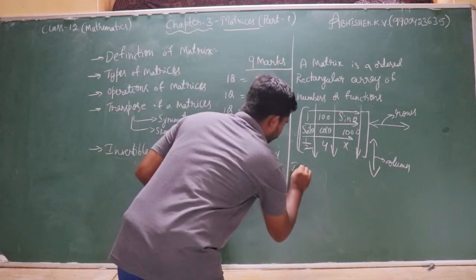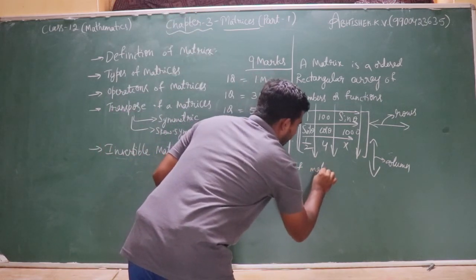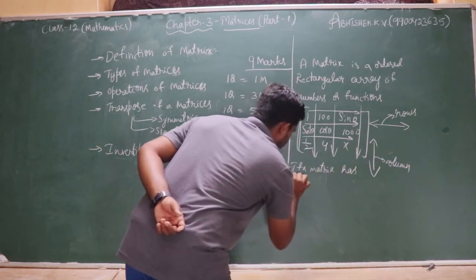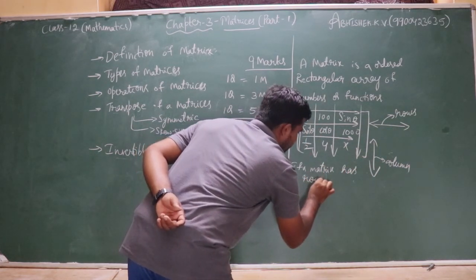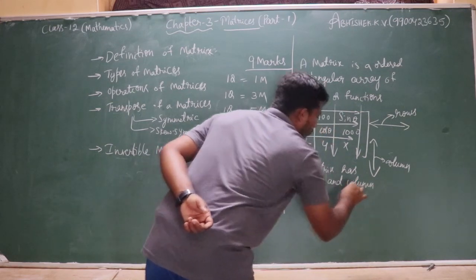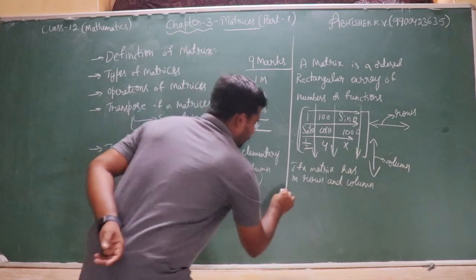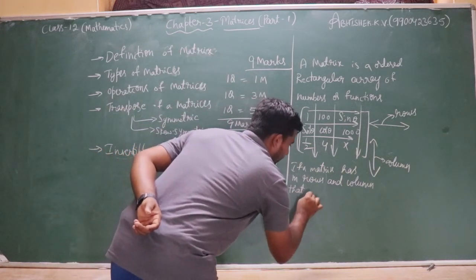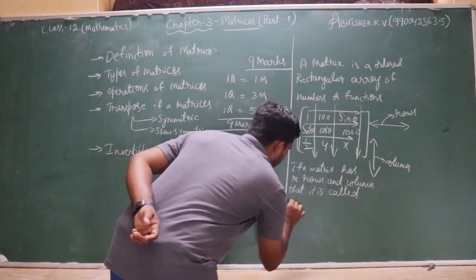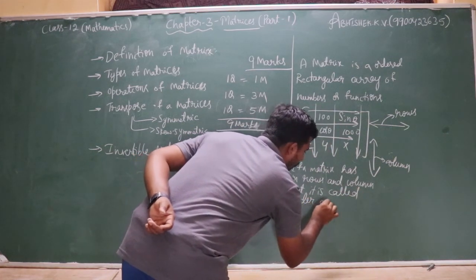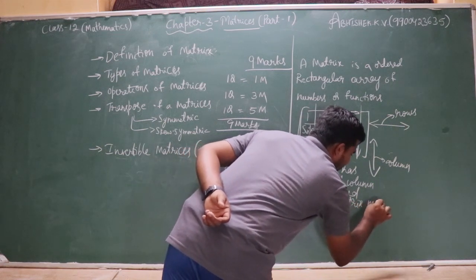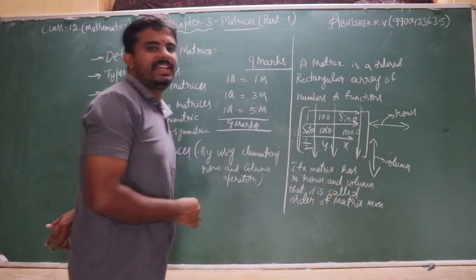Therefore, if a matrix has m rows and n columns, then it is called a matrix of order m into n.